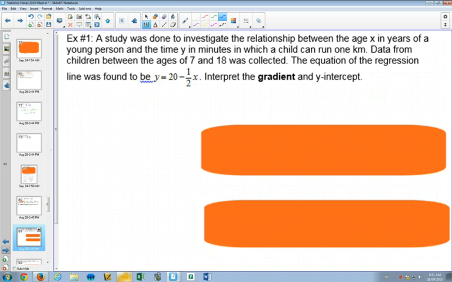So first of all, the way that it's written, could you see that you could rewrite this in y equals mx plus b form? And you'd see right away that our slope is negative 1/2.